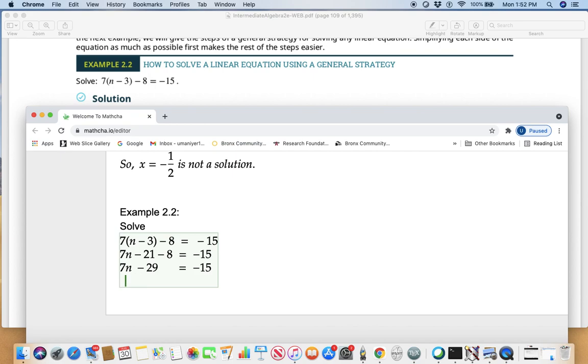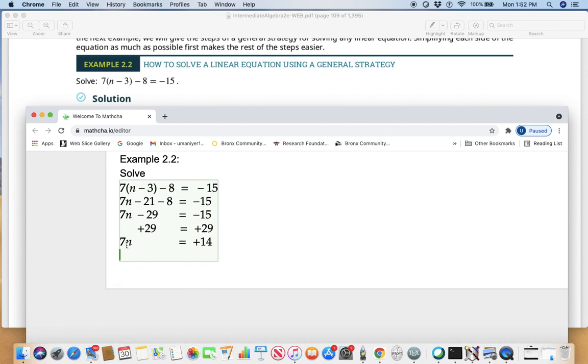Take the constant term, it's being subtracted, so add 29. Basically do the opposite of whatever that's doing. Add 29 to both sides. So these two cancel, I'm left with 7n equals negative 15 plus 29, which is 14. Now notice what 7 is doing to n, it's multiplying.